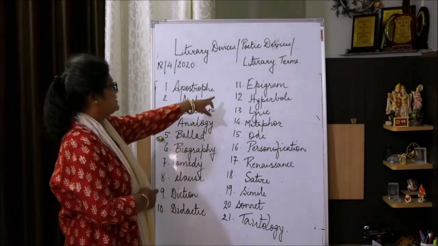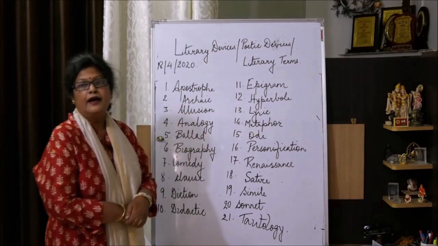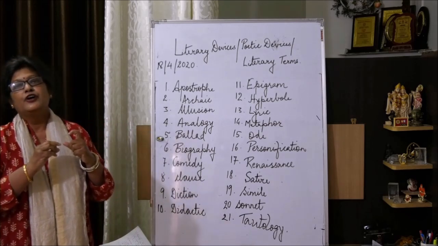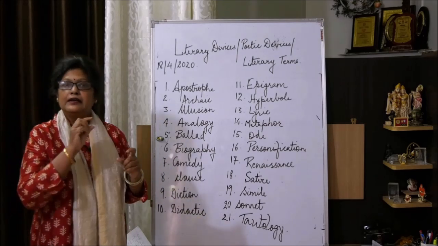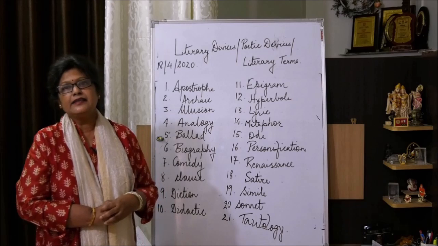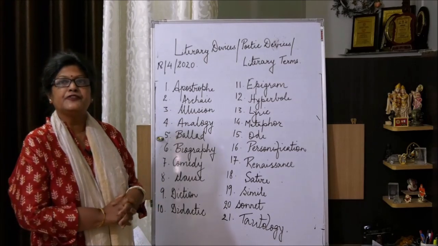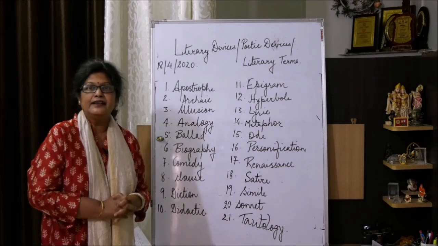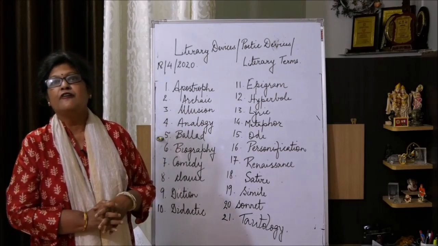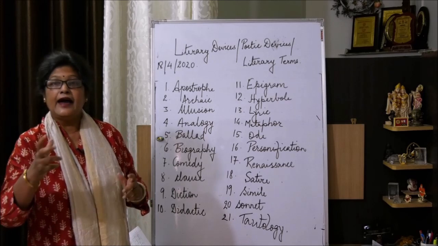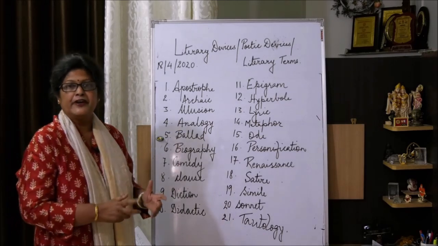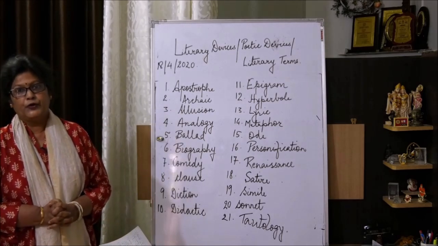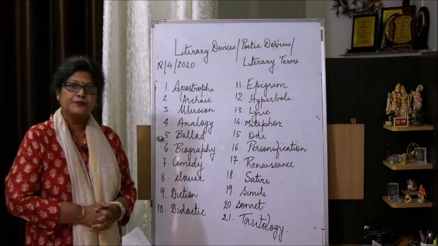Now next is epigram. Epigram is a short sentence that is usually in a poem, and it gains so much popularity that it becomes a synonym for an idea, and this was mastered very much by the Renaissance poets Dryden and Pope.